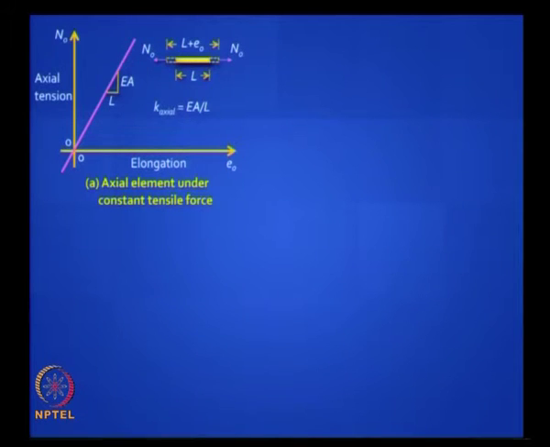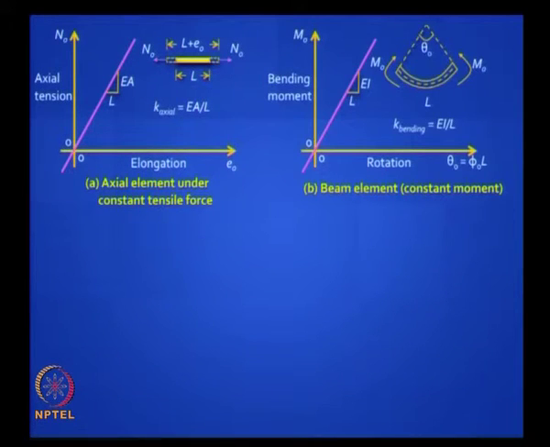So very quickly, if you have a force, axial force, the corresponding displacement deformation parameter is elongation, you are familiar with the straight line behavior. This is what you get in a truss member. In a beam, let us say a beam subjected to constant bending, the radius of curvature is constant, so the angle subtended is theta naught, so theta naught is curvature into L, and so the conjugate of bending moment is rotation, and the slope of that line is EI by L. So EI by L is a measure of flexural stiffness.